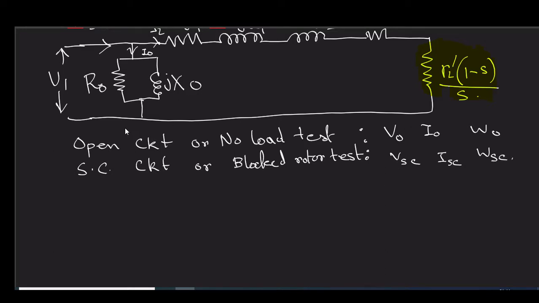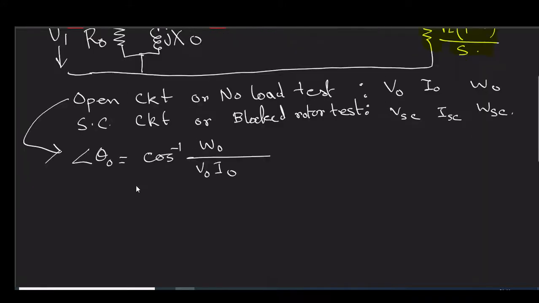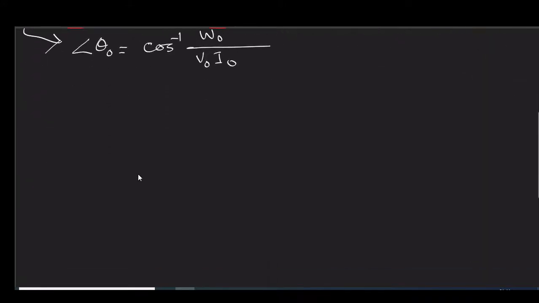So you know the magnitudes of these, and from the open circuit data you can calculate the angle between V naught and I naught. Now, let us draw a diagram slightly different from what we do in a normal phasor diagram. Normally, we place the voltage or reference voltage horizontally.